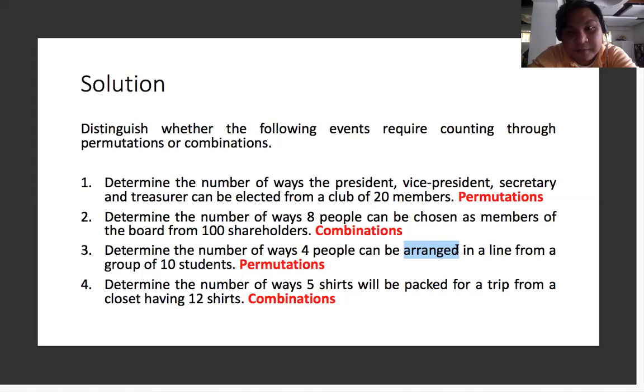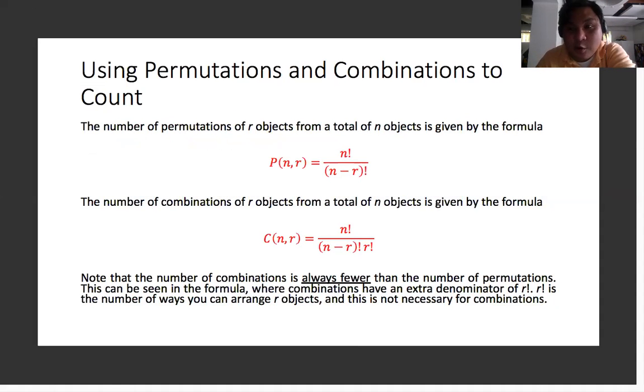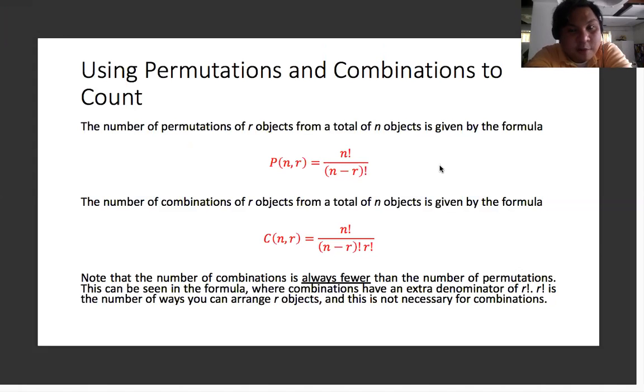If there's nothing else, we're going to go over to the next part wherein we're going to compute for the actual number. So now we're going to use permutations and combinations to count.